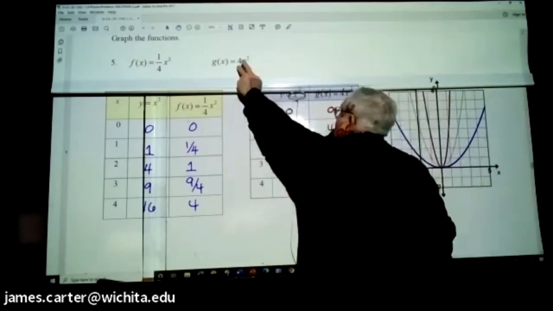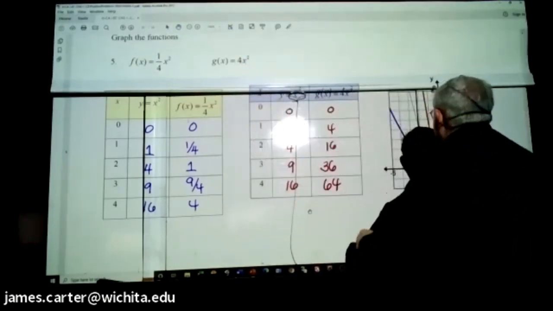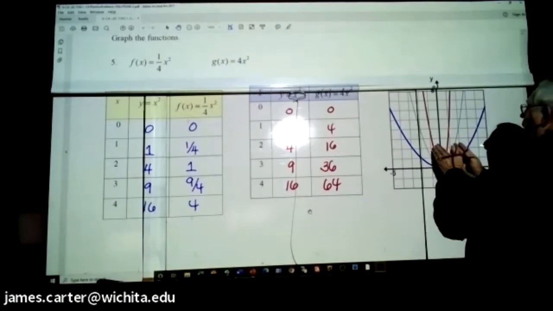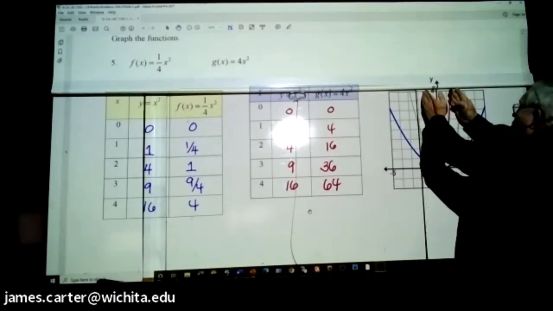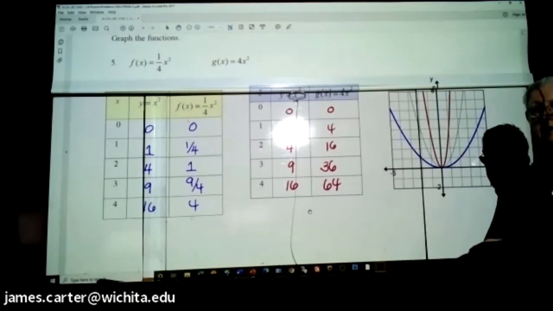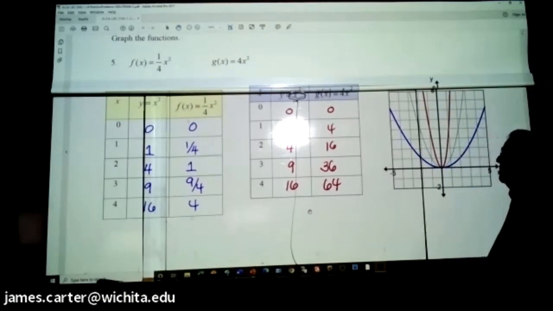This one, where we're taking 4 times x, this red curve, we are stretching it vertically or shrinking it horizontally. You see how those are just kind of reciprocal ideas. If I ask you what happened on this red one horizontally, it shrunk in compared to this one.